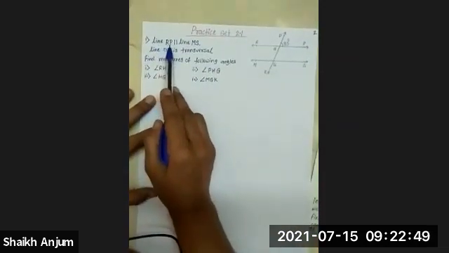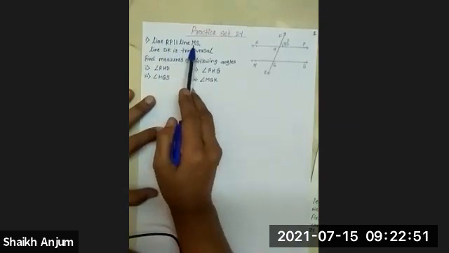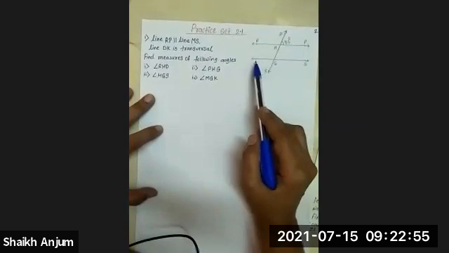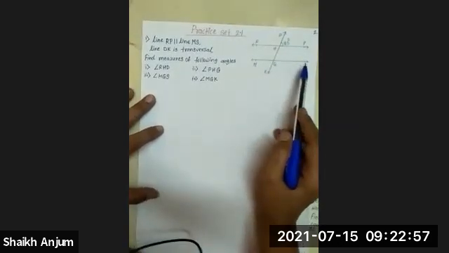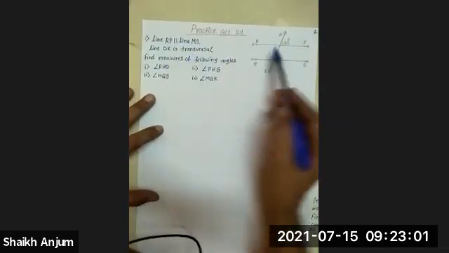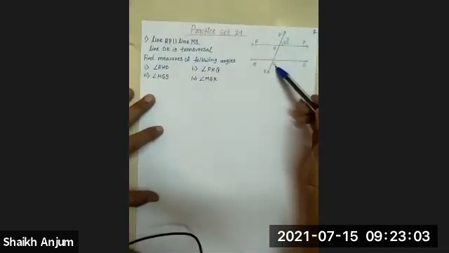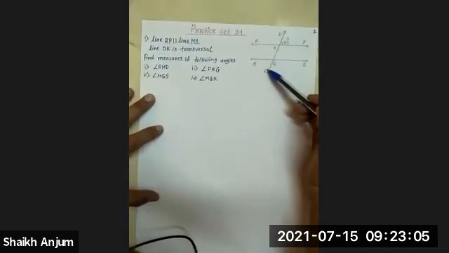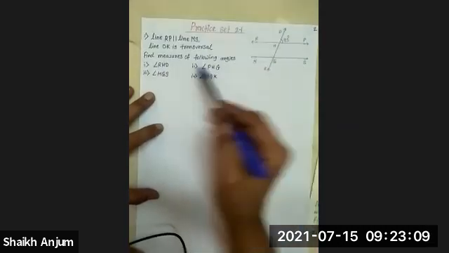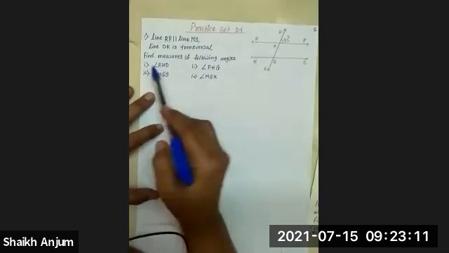Line RP is parallel to line MS. Line DK is transversal. Now, find the measure of the following angles.